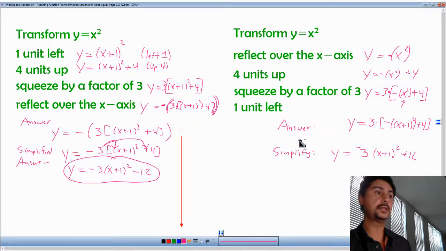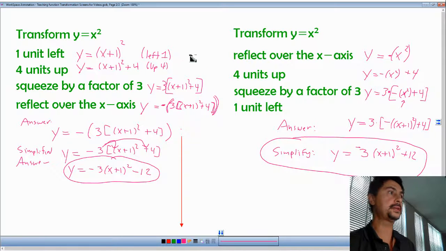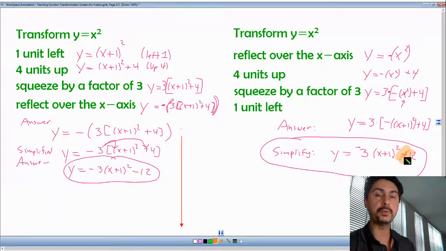And I want you to understand in the end that these two answers almost look the same, but they're not. I want you to understand, because of the directions, this one was a plus 12 and this one was a minus 12. So following the directions, even when you simplify, can give a slightly different answer.